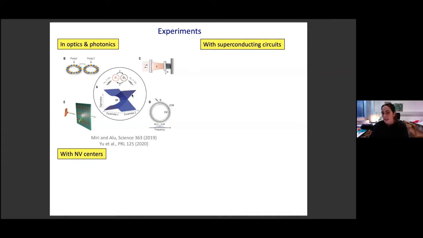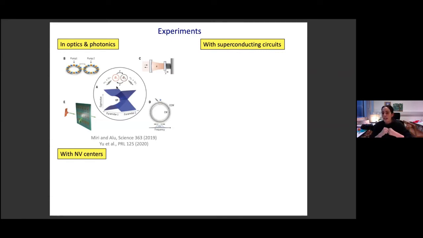There, people take an optical or photonic system with two modes. It can be two harmonic oscillators or whatever. Here you see two pumps, each described by a mode. And in fact, the trick to reach these exceptional points is to engineer the gain and loss of these systems. That's the general idea behind it.